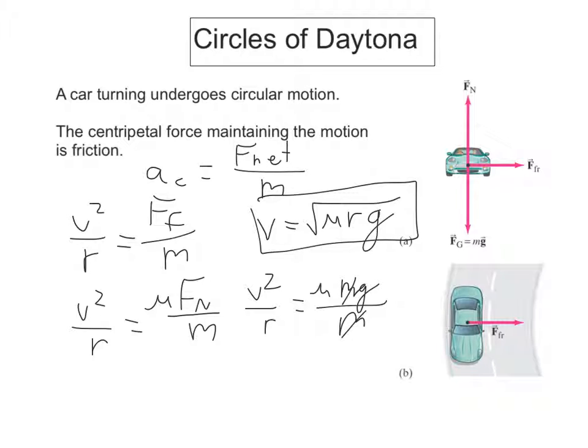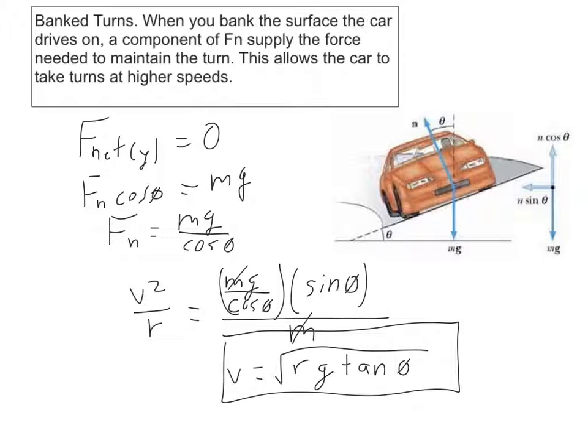Next, we'll look at a case where maybe you want to be able to go faster on a turn and you really can't change anything about the roadway. In some particular cases, like a place where you have limitations on how large of a turn you can take.